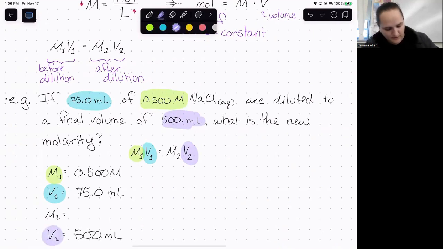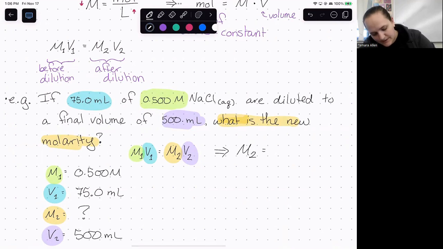And we are asked to determine what will the new molarity be. So we're going to want to solve for M2, and we can do that by just dividing both sides by V2. So we will have M2 is equal to M1V1 over V2.